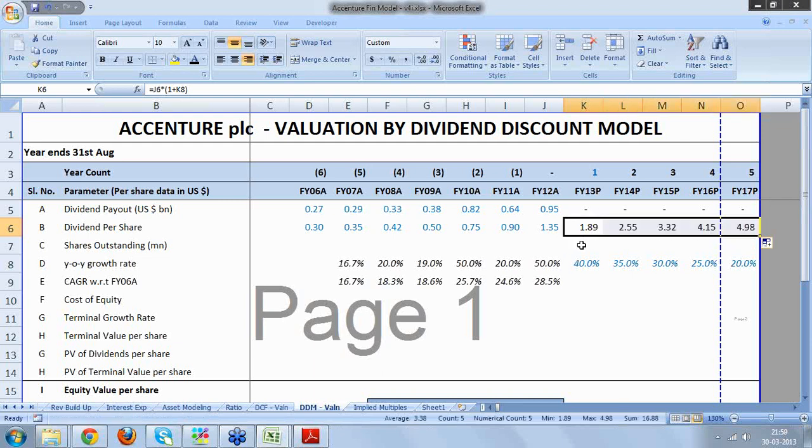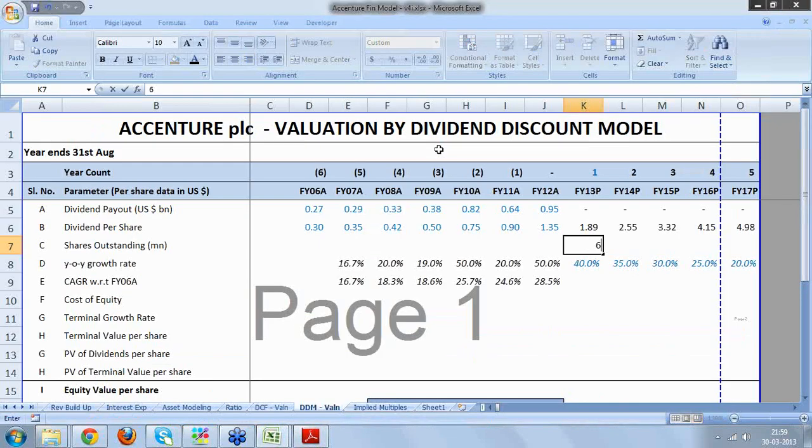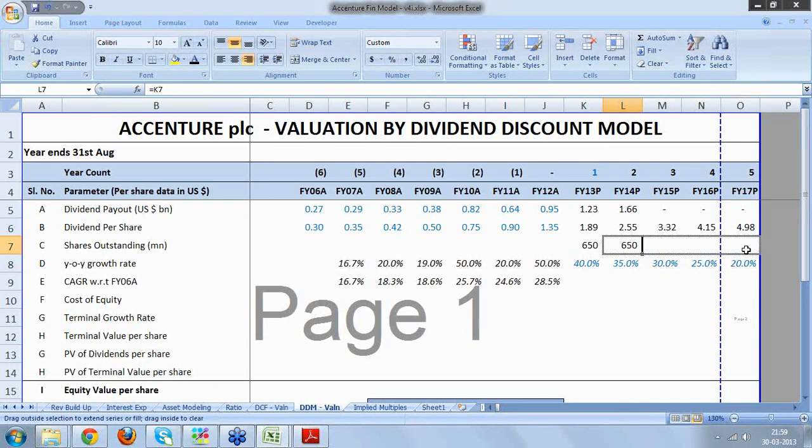Total number of shares outstanding for this year: the dividend will go only to the shareholders who are eligible for dividend, which is 649.52. The same numbers will remain outstanding in future years.